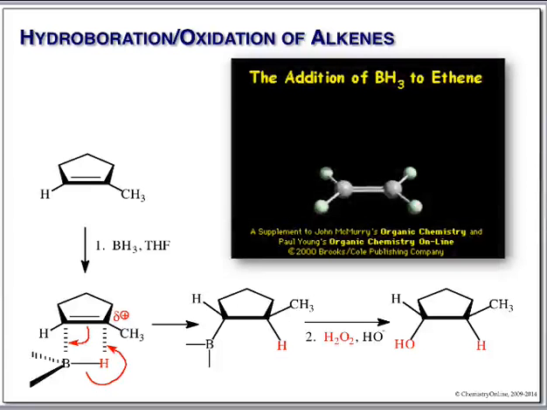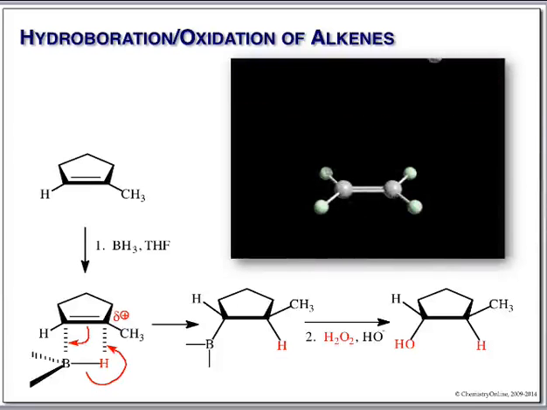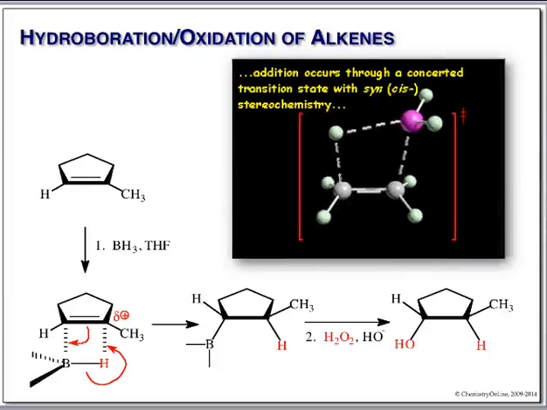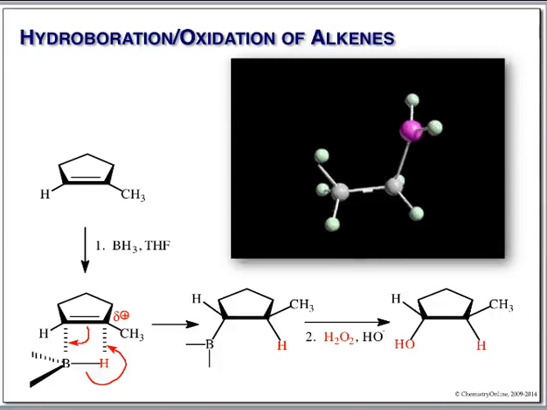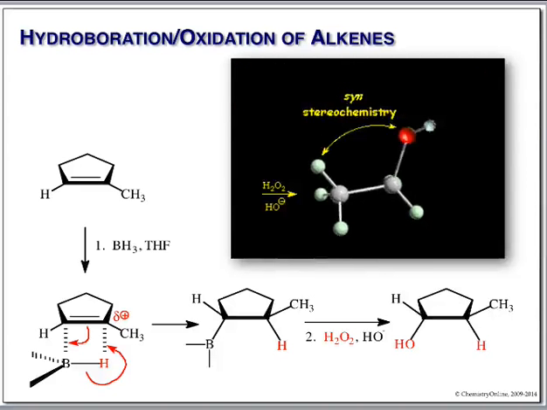Convert the boron to the OH group. There it goes. All right, here it comes. Both of these are transferred at the same time. And boom, this is our borane intermediate.